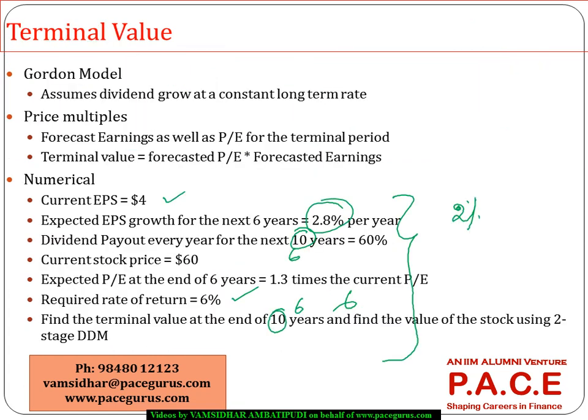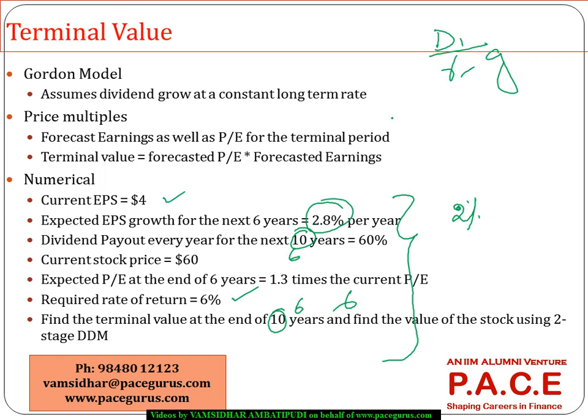And just now we have looked at how we compute the terminal value. One way to compute the terminal value was using a Gordon growth model itself, assuming the dividend of the next period and the rate at which it is going to grow. D1 divided by R minus G will give me the terminal value at the end of the period.